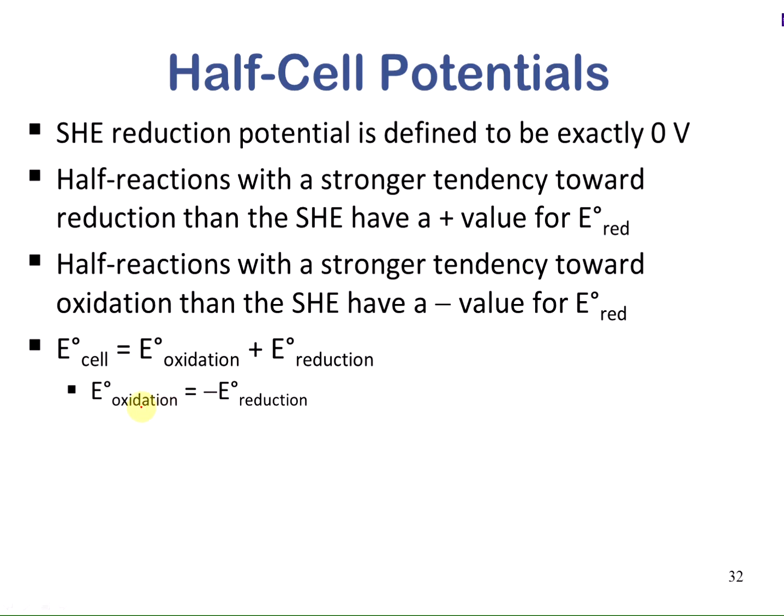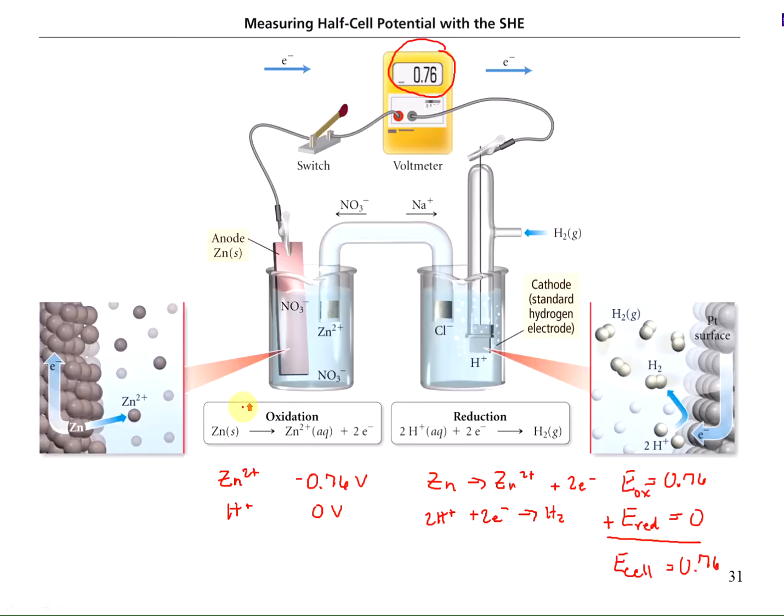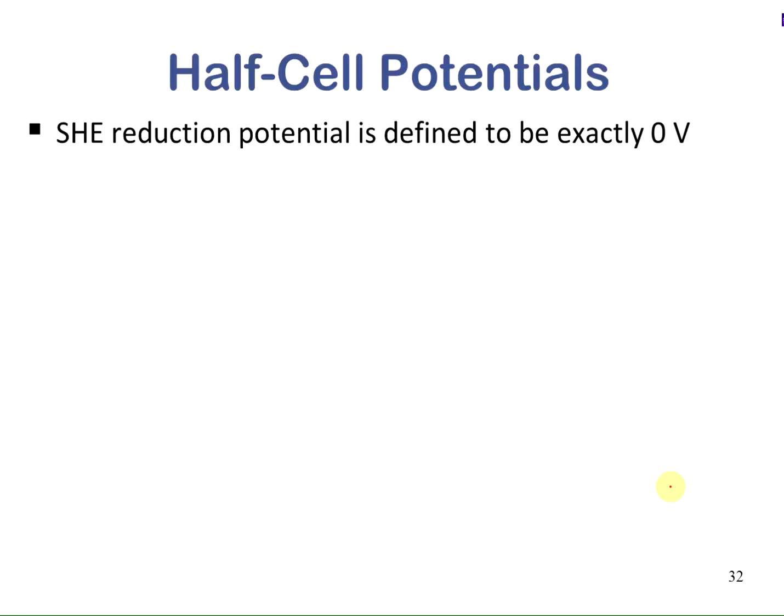And if we're comparing one reaction and we have the oxidation of it, it has the opposite sign as the reduction potential. So that's why when we did this reaction with the zinc, and I looked up the reduction potential of zinc 2 plus is minus 0.76. If I write the reaction in the opposite direction, it's a positive 0.76.